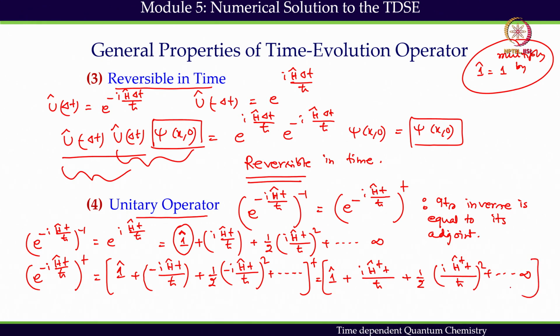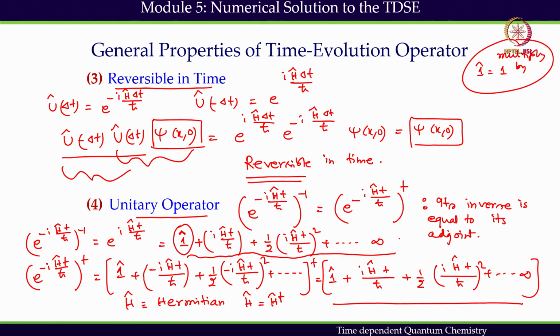And because h is an Hermitian operator, I can write down it is self adjoint, which means that this adjoint sign will go away because they are equal, and the moment it goes away, this term and what I have got here are equal. That is why this equality holds.